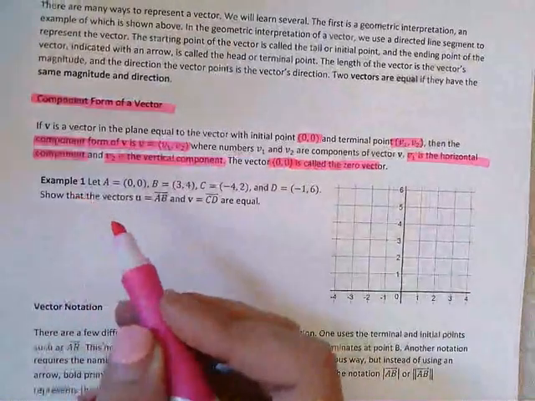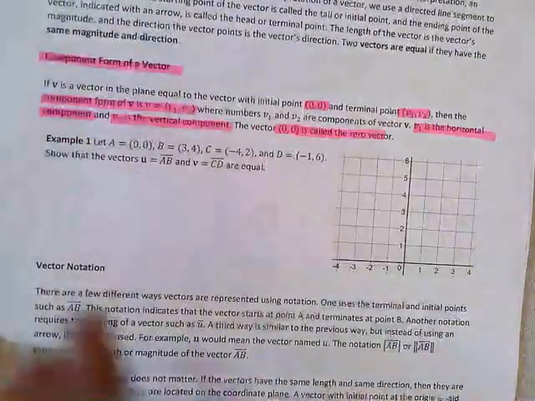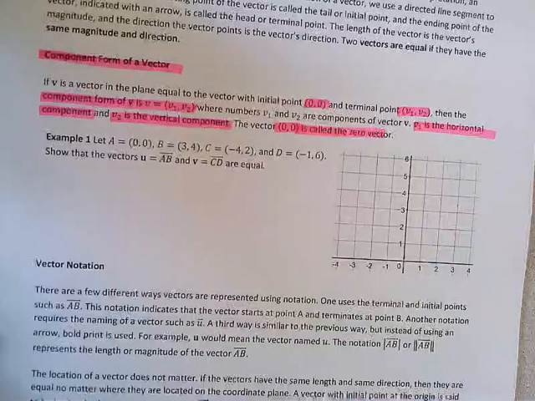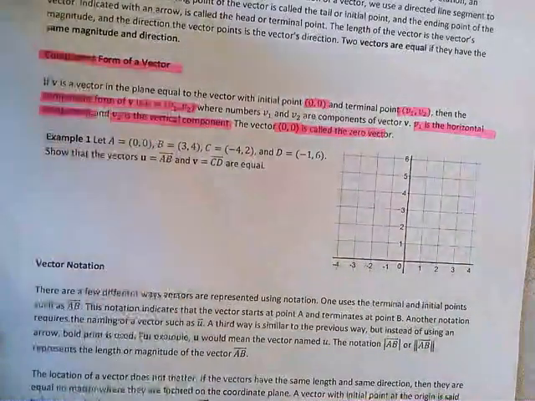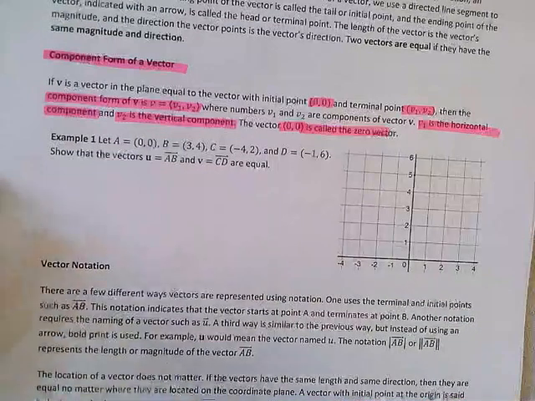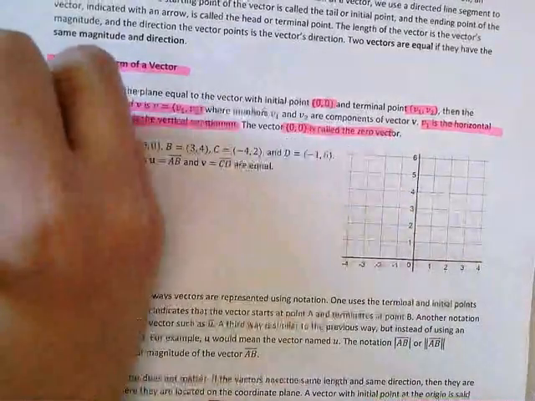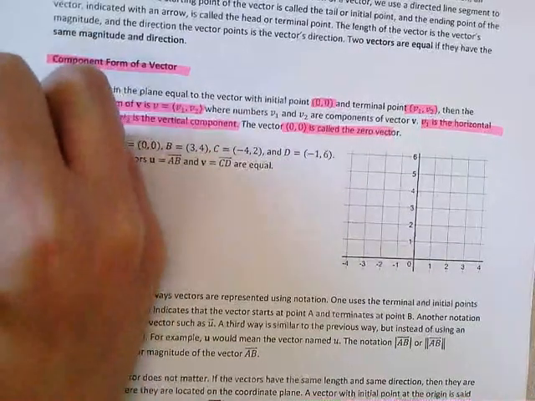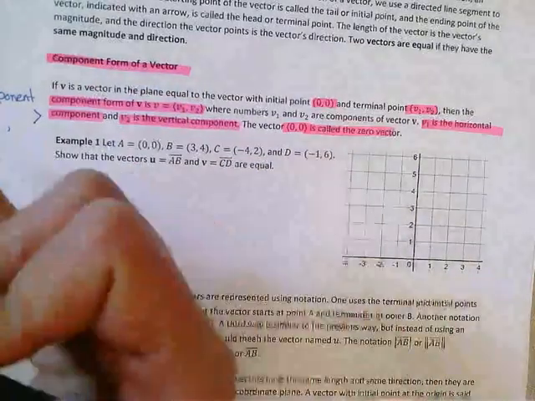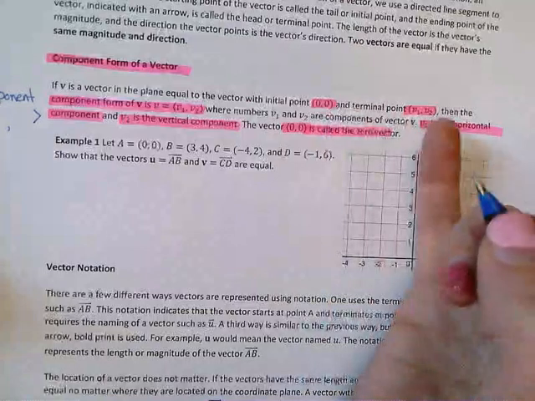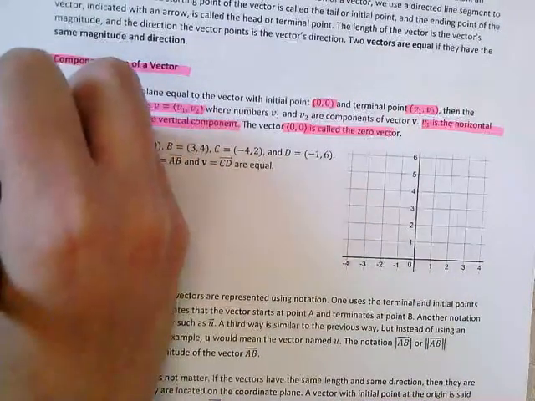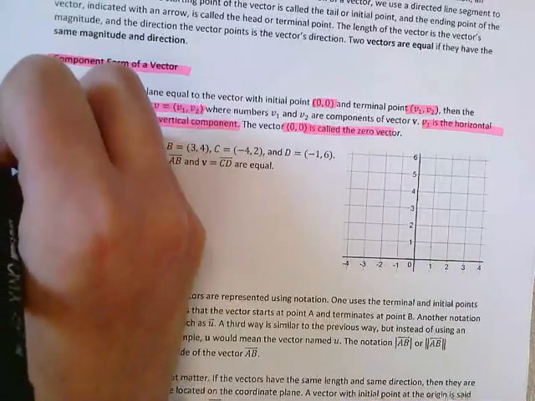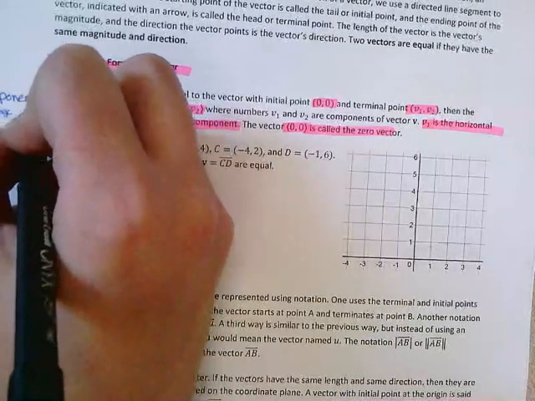So in our first example, just really quick before I move on, if you guys remember, to get our component form from a vector, for the horizontal you do the change in the x component, and then for the vertical it's going to be the change in the y component.